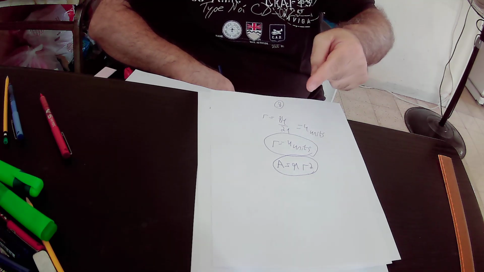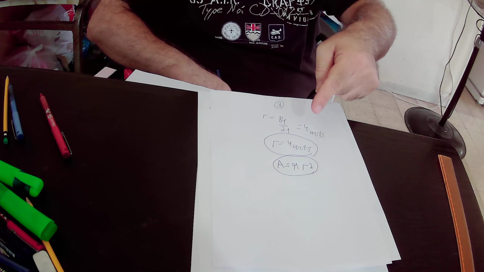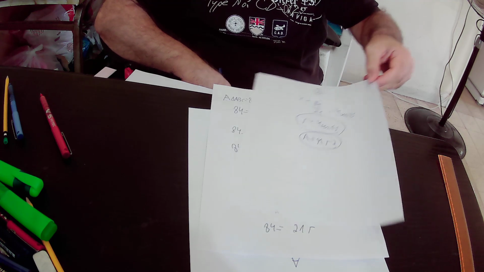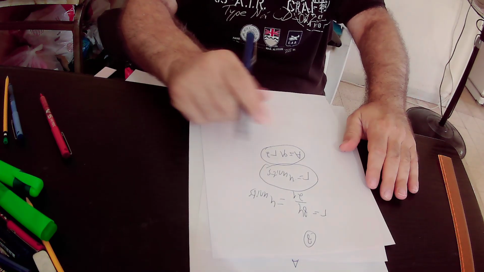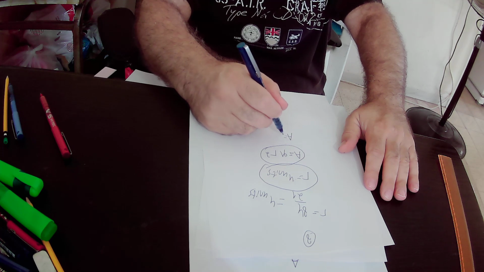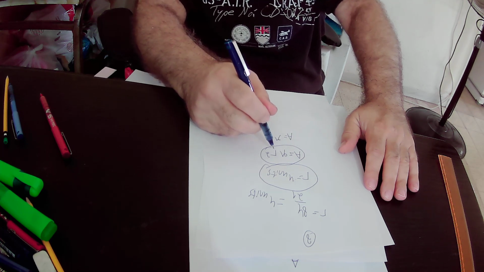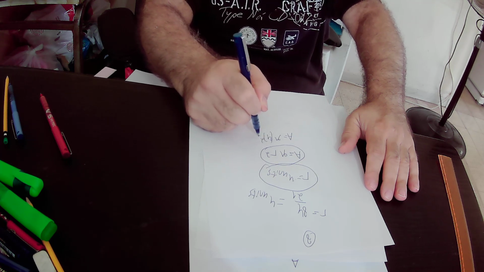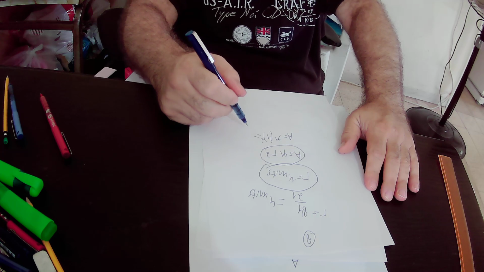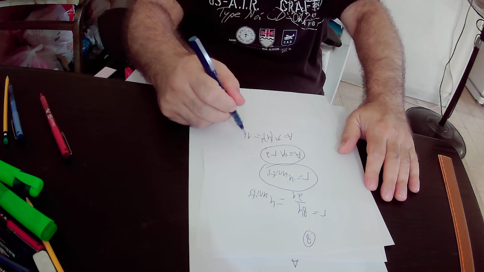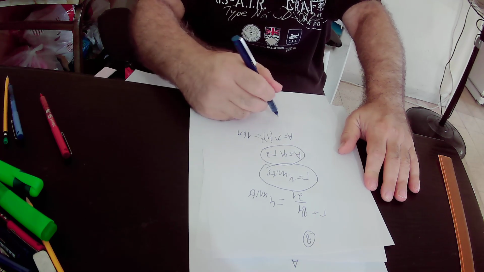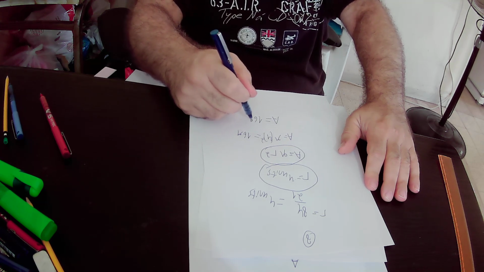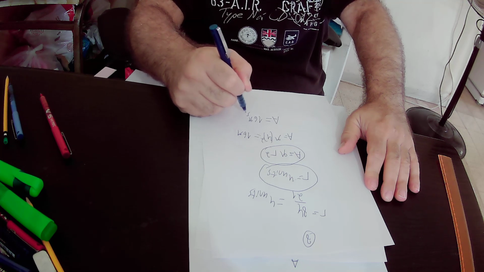And we know that r equals 4 units, so we can substitute r by 4 units. The area of the green circle will be equal to pi times 4 squared, and pi times 4 squared equals 16 pi. So the area of the green circle equals 16 pi square units.